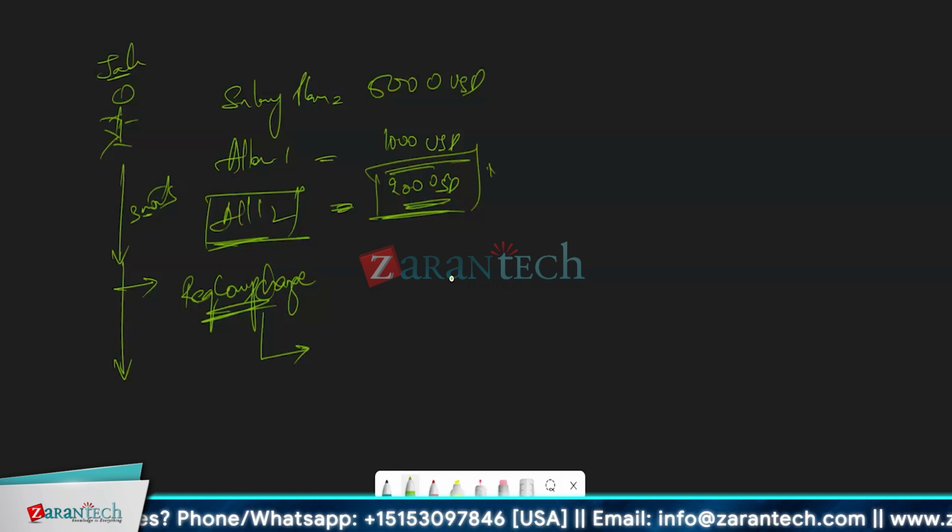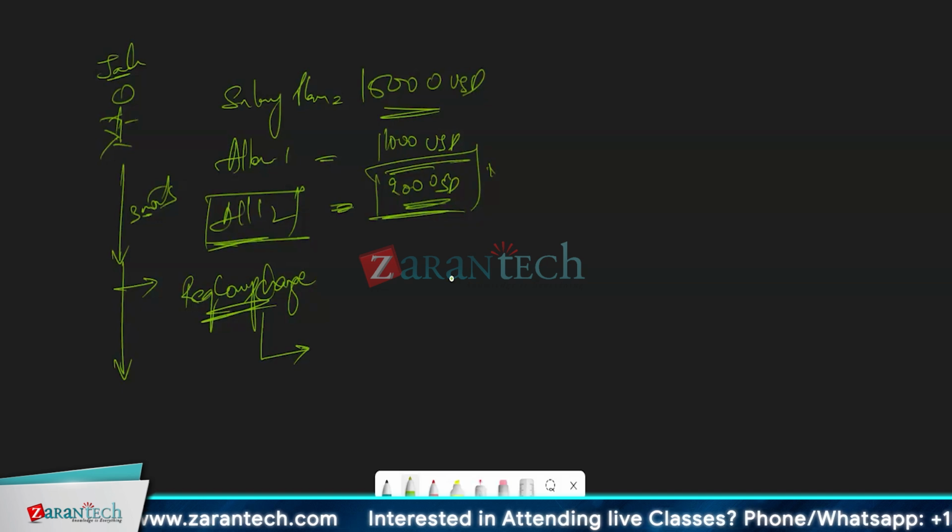meaning this particular task is only accessed by a specific set of people, like a comp partner or a comp admin, and they have the authority to change the value. They can change this 5,000 to 15,000, or they can change this 10,000 to 11,000. They can just change anything.